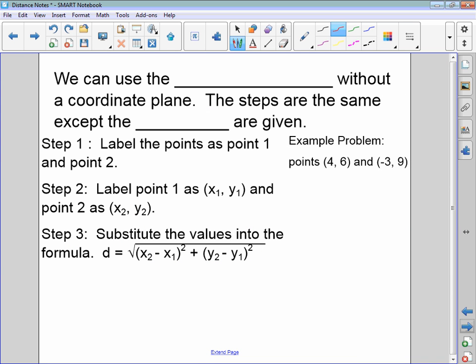And we can use the distance formula without a coordinate plane. The steps are going to be the same, except the endpoints are already given.